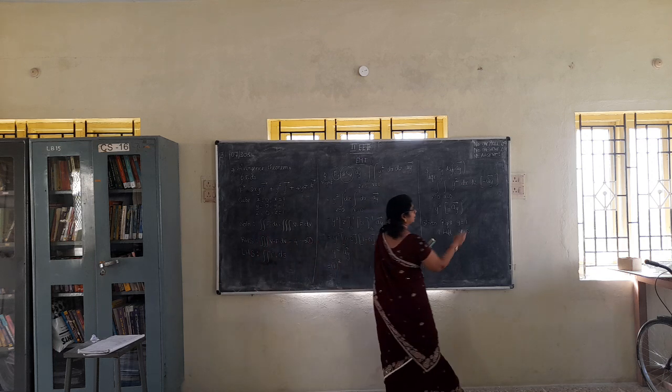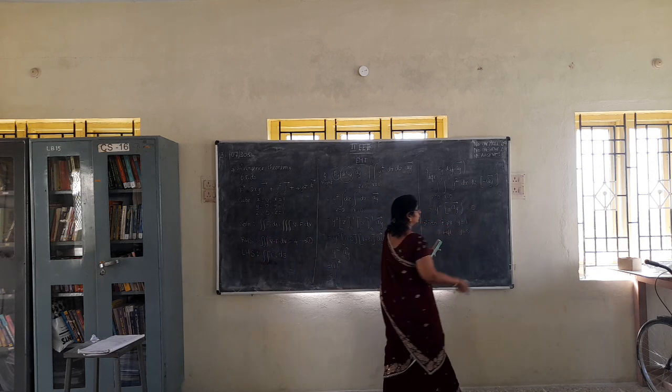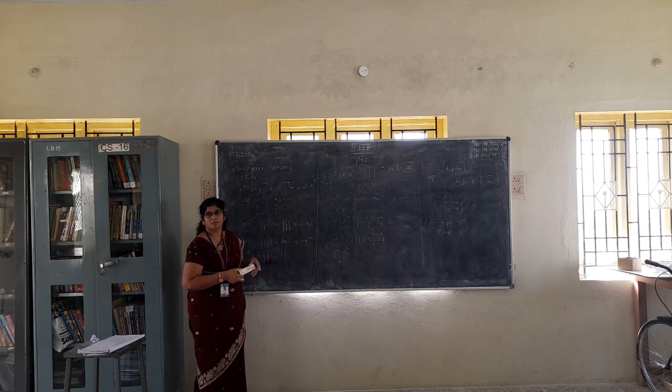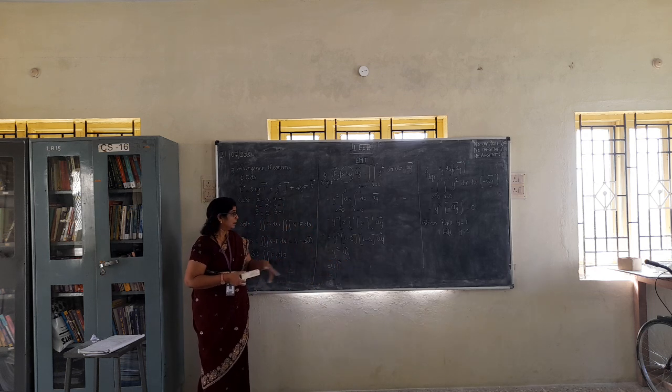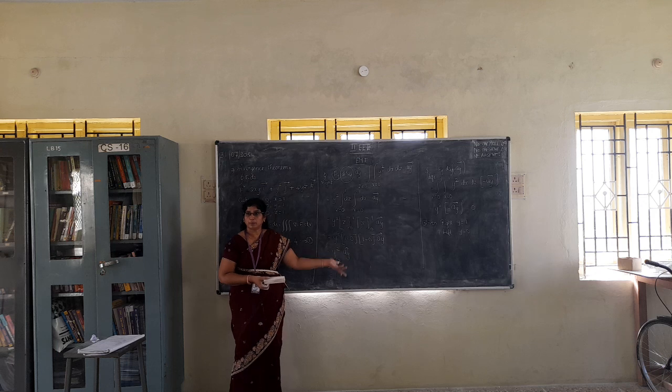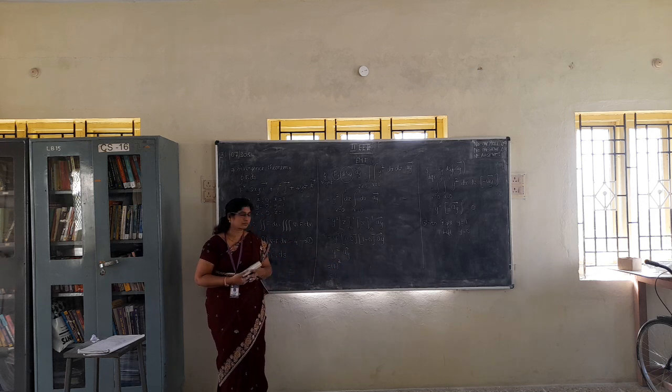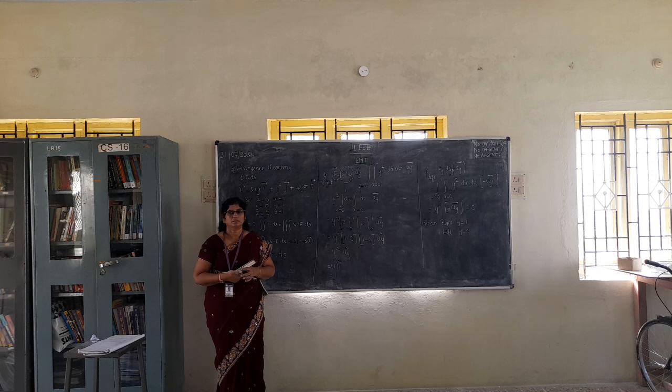Here it is 0 into minus ay vector. Similarly, do it for the z axis.